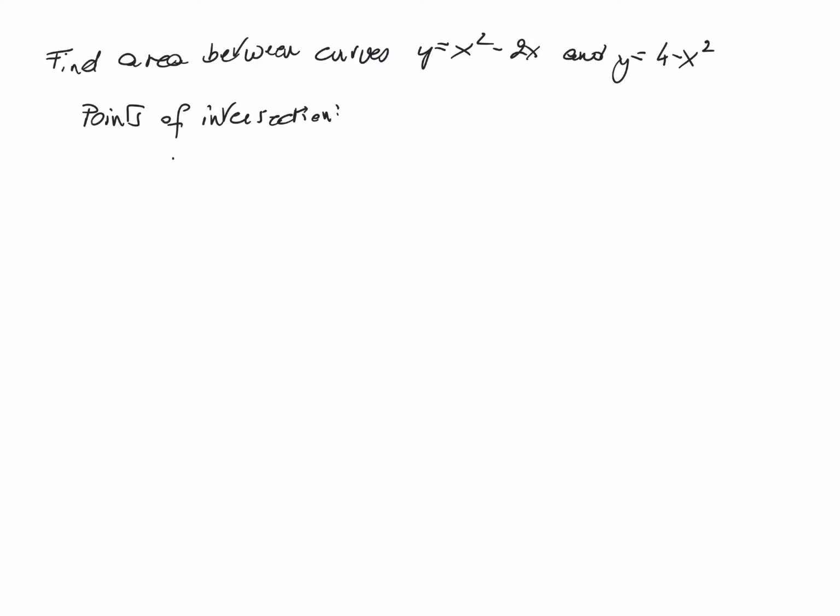Points of intersection, you just put the curves equal to one another. So x squared minus 2x has to be the same as 4 minus x squared, or 2x squared minus 2x minus 4 is 0, which means that x squared minus x minus 2 is 0.